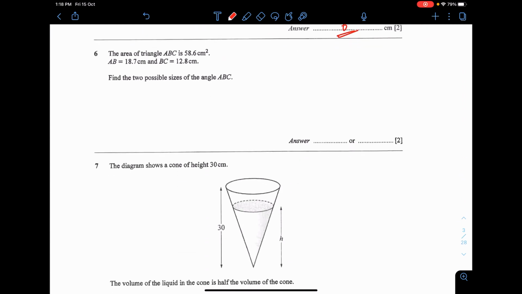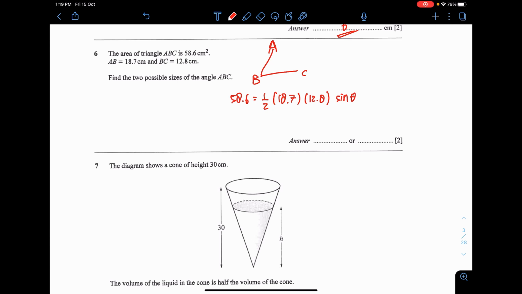Area of triangle ABC, and then find out the possible size of the angle. So AB and then BC, you have the length. The area is therefore 58.6 equals half times the sides multiplied by sine theta, like this.